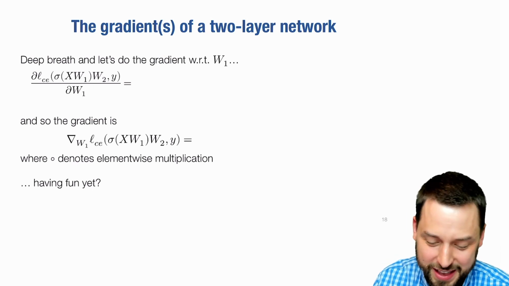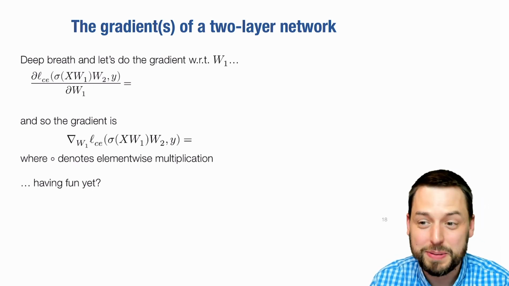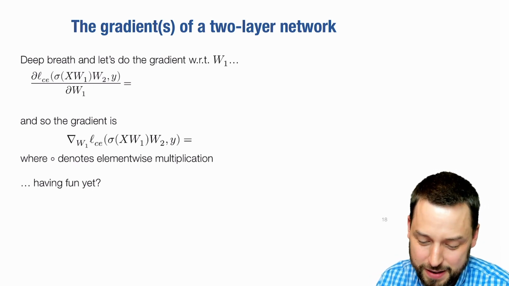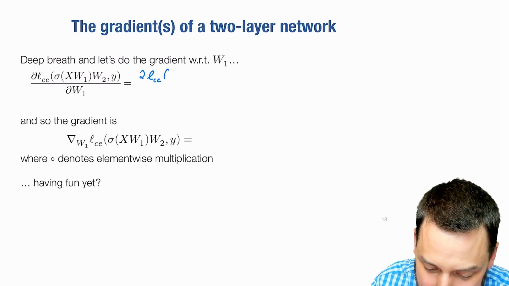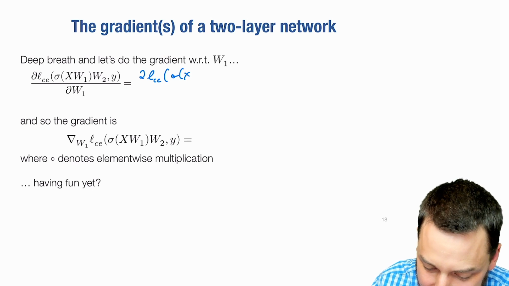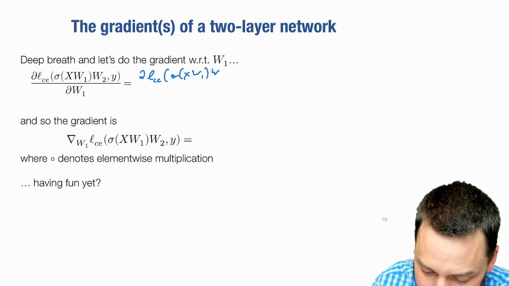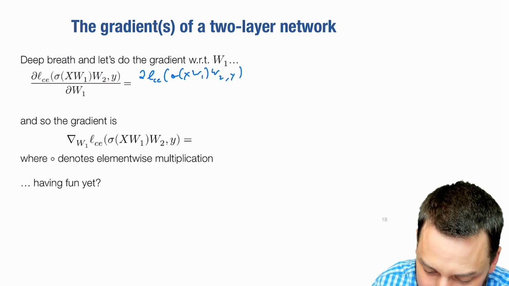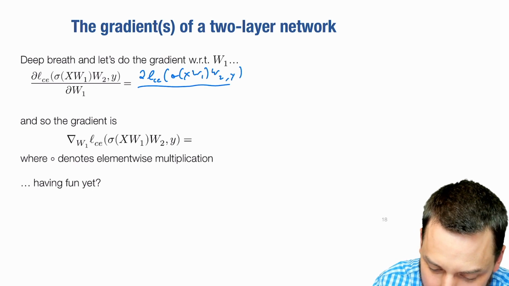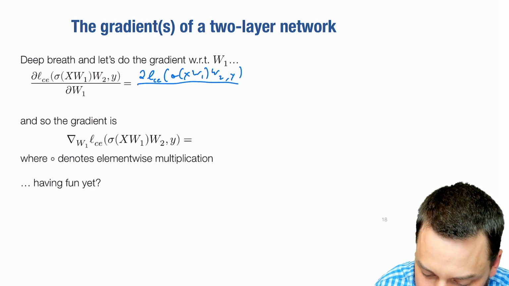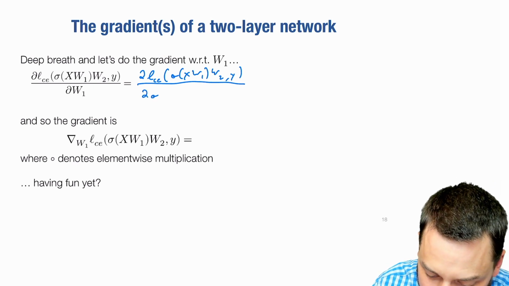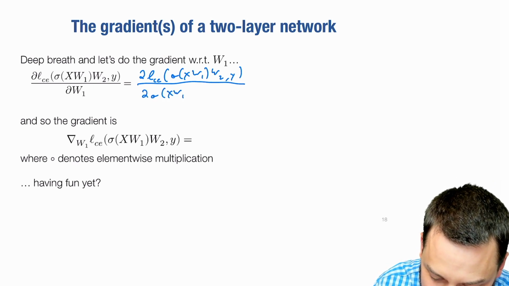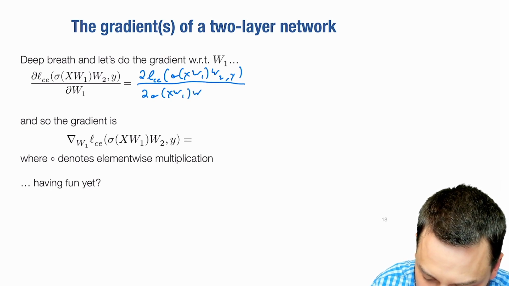We want to compute this thing, and this will apply the chain rule a few different times. So I'm just going to write out what this is. This is going to be partial L, cross entropy of sigma x w1, w2, y, all with respect to its argument, which is actually the same thing as before, w2.